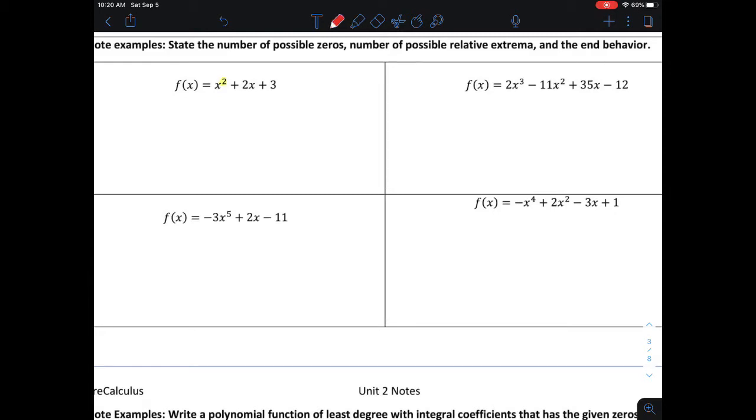So the number of possible zeros that we could have, well, this polynomial is degree 2, which means that we will have 2 complex roots, or complex zeros, same difference. According to the fundamental theorem of algebra, we will have at most 1 relative extrema.